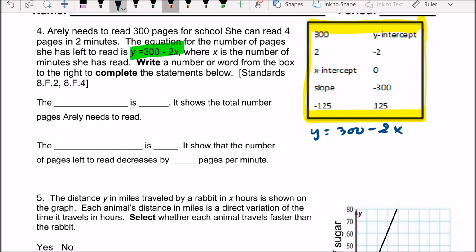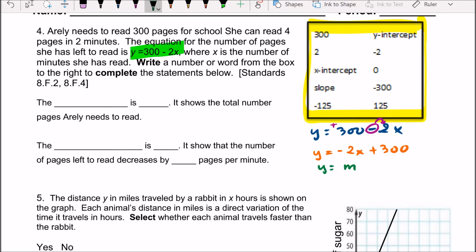So I'm going to rewrite this as y equals negative 2x plus 300. You may ask me, where does the positive sign come from? As we practice solving equations, if you see the negative sign, this belongs to the number right behind it. 300 itself is positive. So basically I moved the terms around.